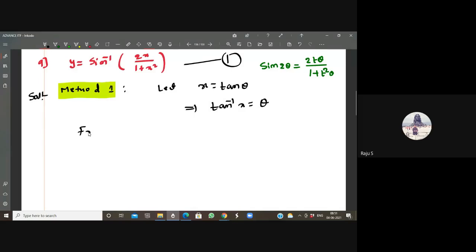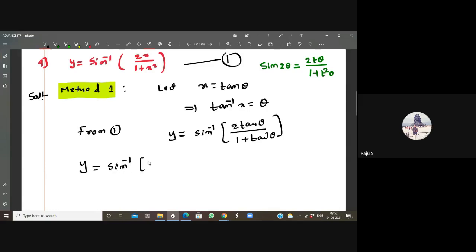From 1, y is equal to sine inverse of 2 tan theta by 1 plus tan square theta. Am I right? That formula is sine 2 theta.